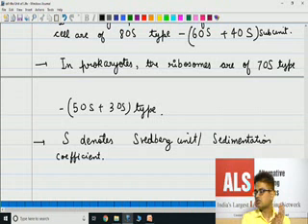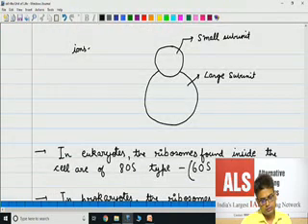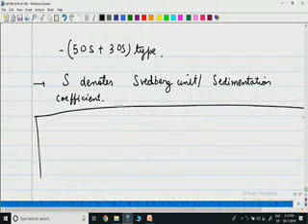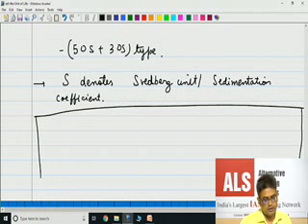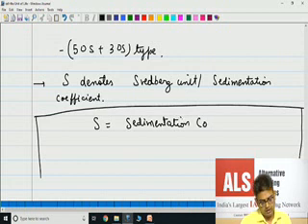Okay, I believe you don't know. Actually I think I should draw the diagram for you. What is S? Regarding S, I have to explain this to you, then only you will be able to understand it. So I am going slightly off topic here. S, sedimentation coefficient, how is it calculated? So you need to understand something about sedimentation coefficient.